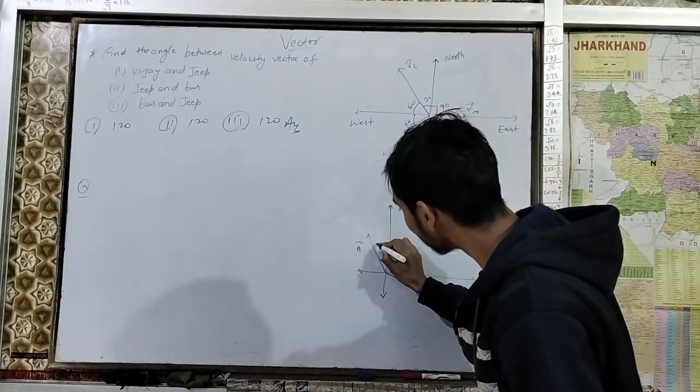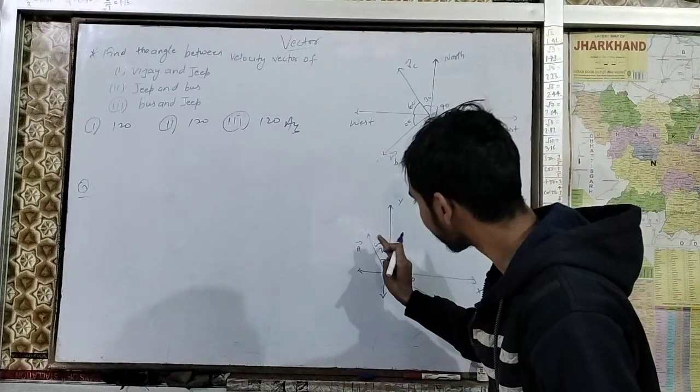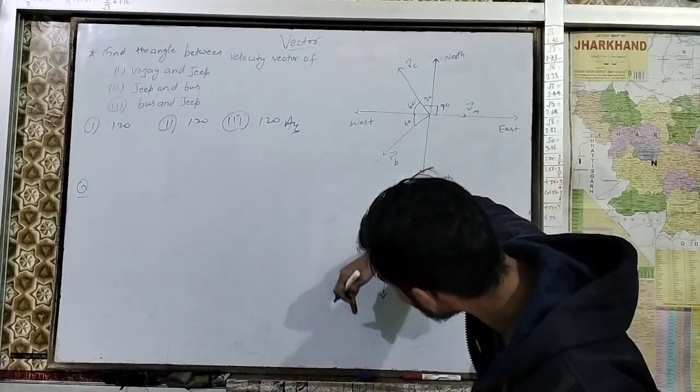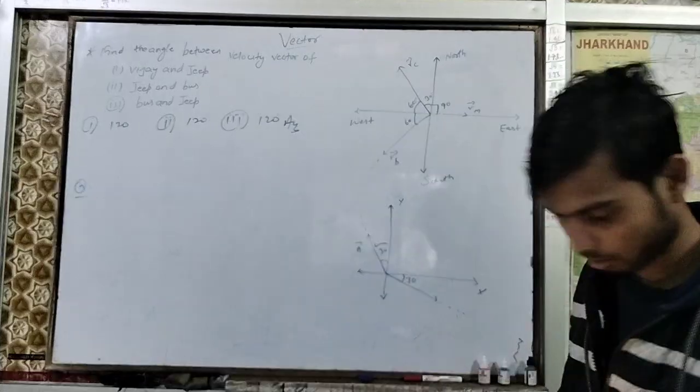This A vector is rotating in the anti-clockwise direction.